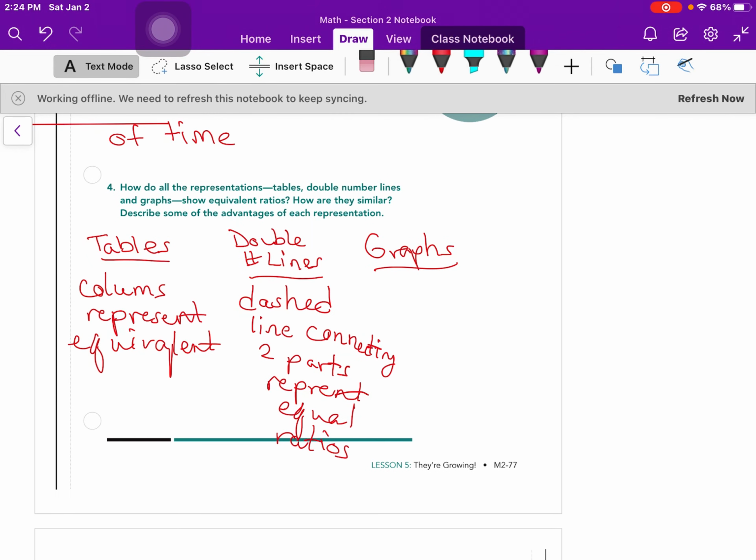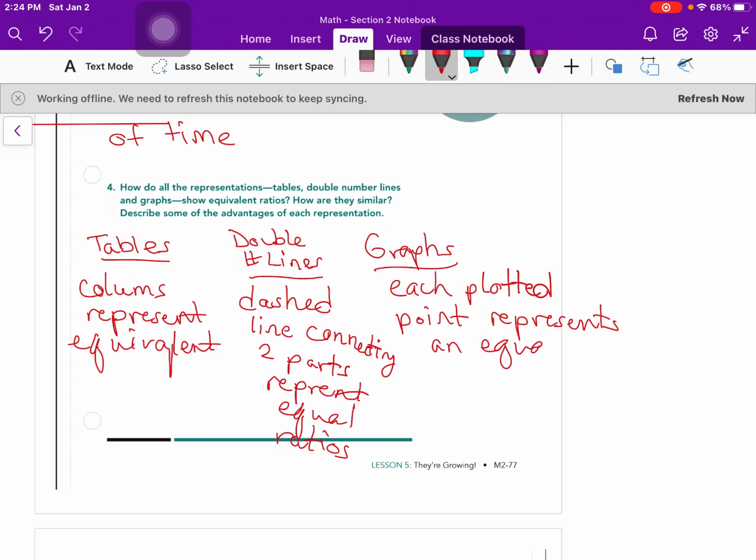If I'm to graph them all, how do I know if they're equivalent ratios? Well, I can see that each plotted point represents an equal ratio because it will make a straight line.